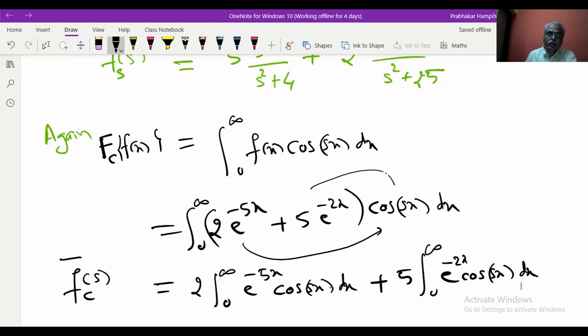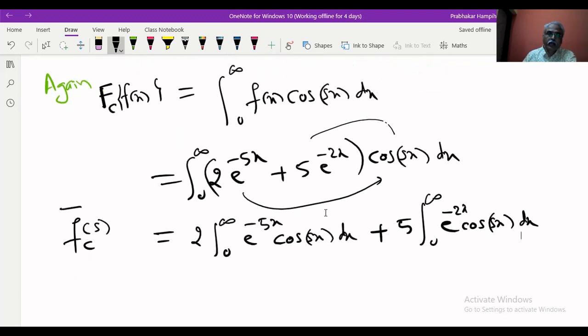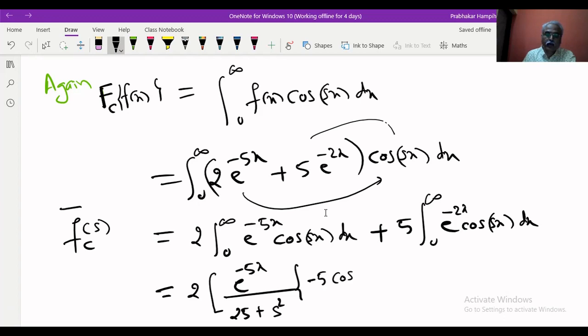So whatever the first integration is, very similarly, 2 and 5 roles are interchanged. Now 2 times, applying the integration rule, e raised to minus 5x upon 25 plus s square, bracket minus 5 cos, if cos is there, cos comes first, minus s sine. Integration of the first term is over.